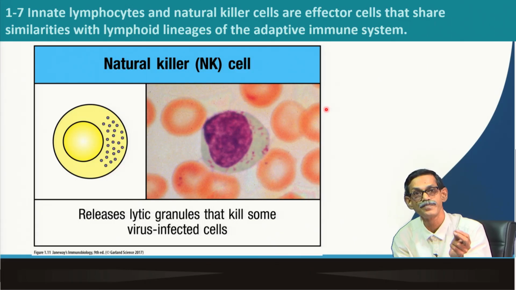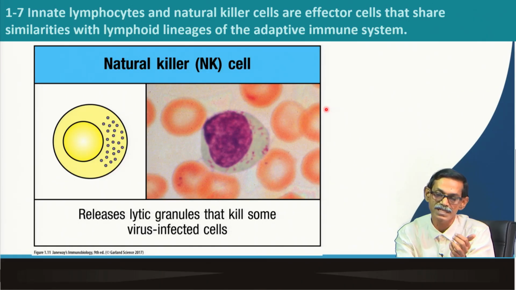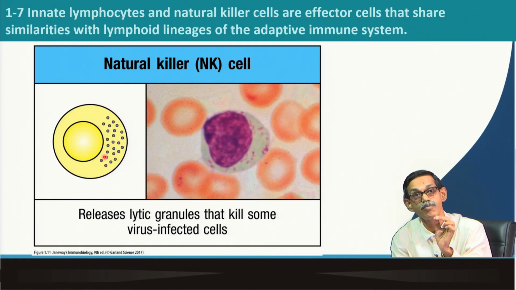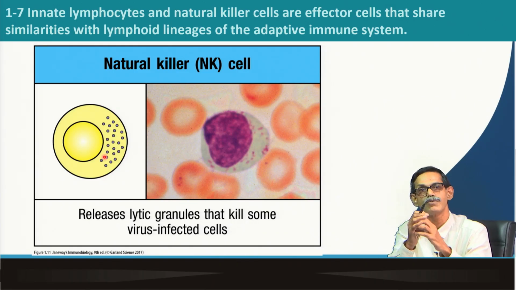Lymphoid lineage means B cells and T cells; their functions are very similar, and they also help in the adaptive immune system, but they can recognize foreign pathogens and kill them. Like NK cells, which have a lot of small granules that you can see. These granules are loaded with killer material, like poisons. If they touch any cell, they will release the material inside the granules, which will come later in detail.